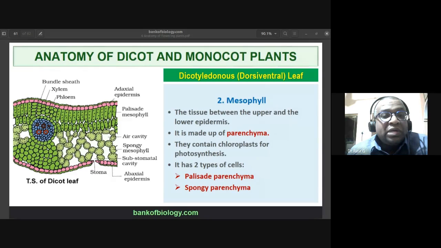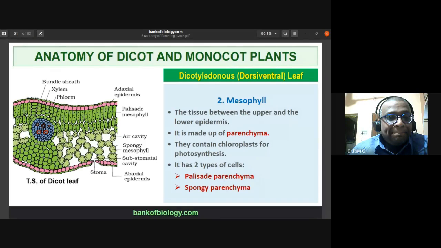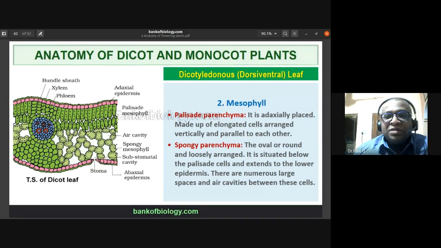They are found towards the adaxial epidermis and not in the abaxial epidermis. If you find the word adaxial confusing, you can use upper epidermis instead. So the palisade chlorenchyma is found towards the upper epidermis.